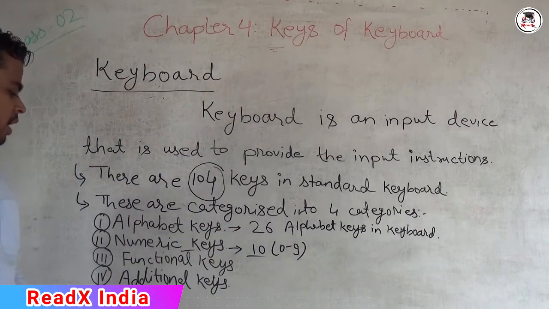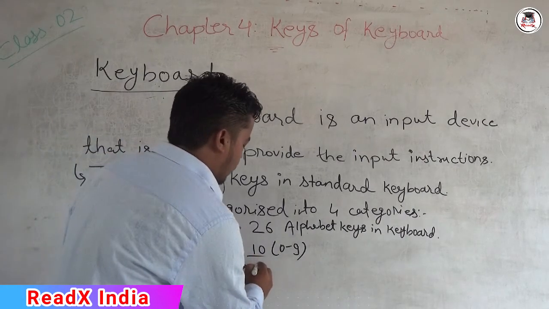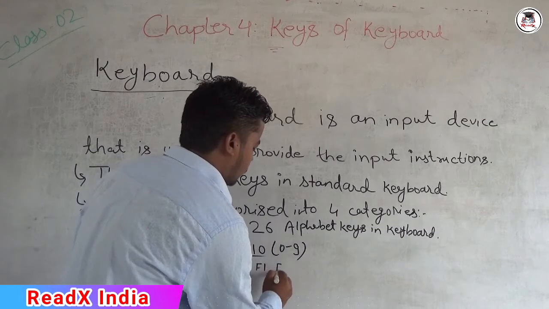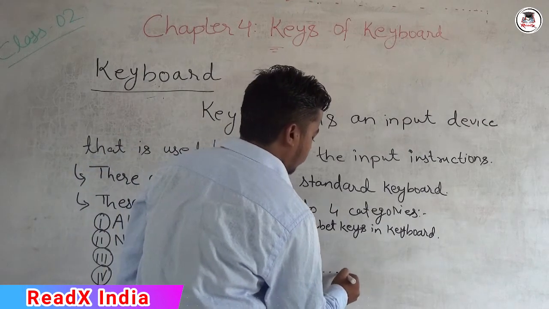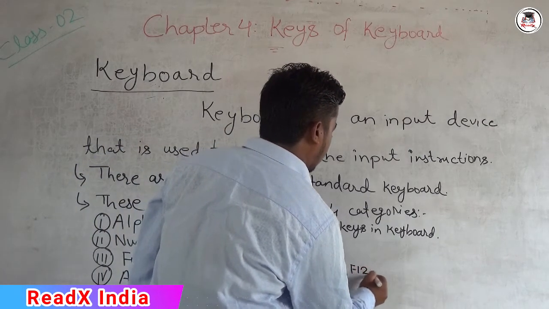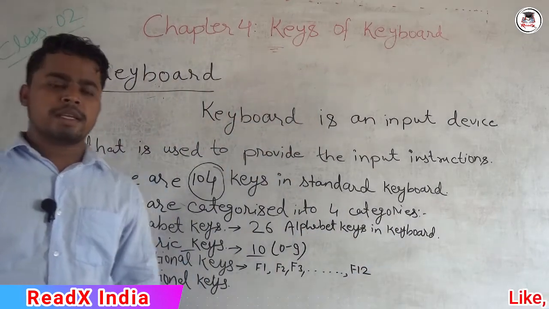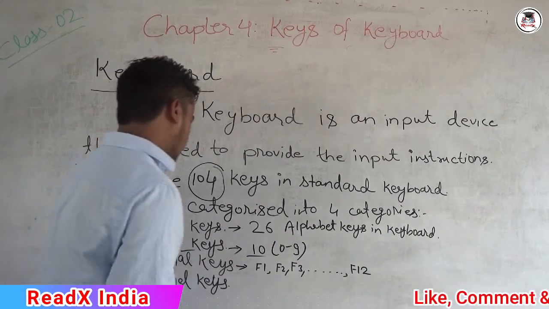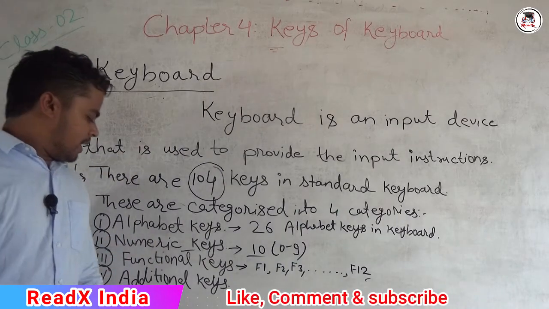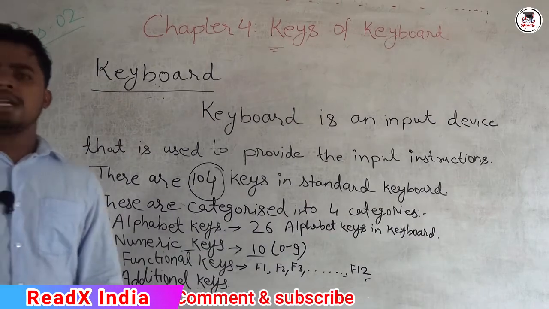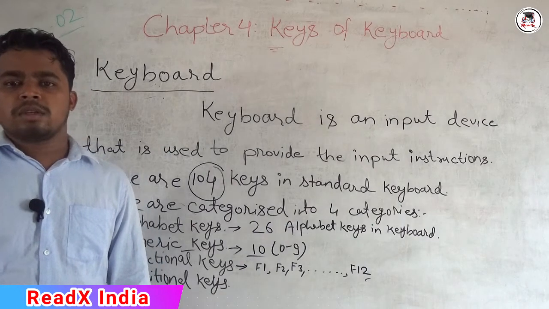Now next keys are the functional keys. So these keys you will find like F1, F2, F3 like this, and it will be up to F12. So basically there will be 12 functional keys which will be present in our keyboard. Fine. Now apart from all this, we do have some additional keys in our keyboard which performs different types of tasks.